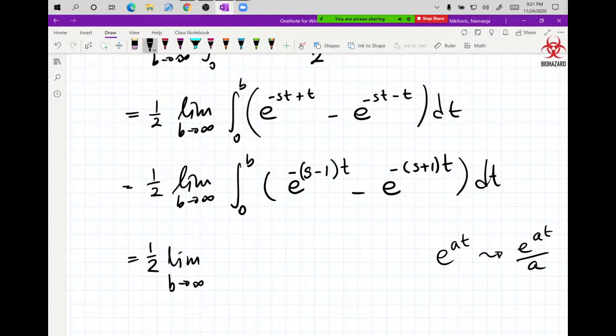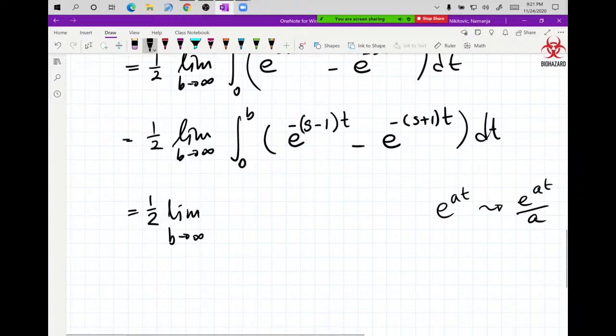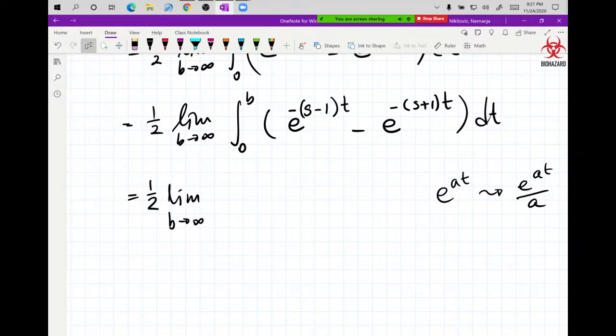You can also do it with sines and cosines, but that produces another issue because sine and cosine go with complex numbers in exponential functions. I'll write that down for you as well, but these are the ones that are easy. So you have e to the negative (s minus 1)t divided by negative (s minus 1).